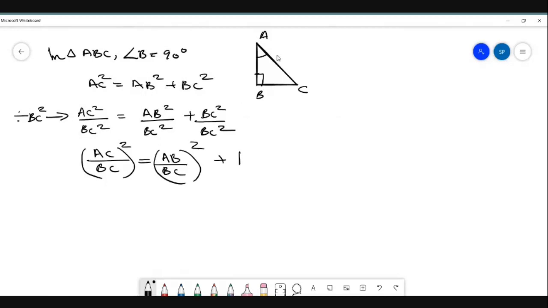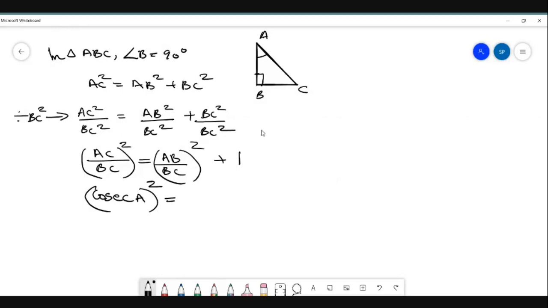AC is the hypotenuse, BC is the opposite side. So, hypotenuse by opposite side, that is the reciprocal of sine, that is called cosec. So we can write here cosec A. Hypotenuse by opposite side is cosec A.